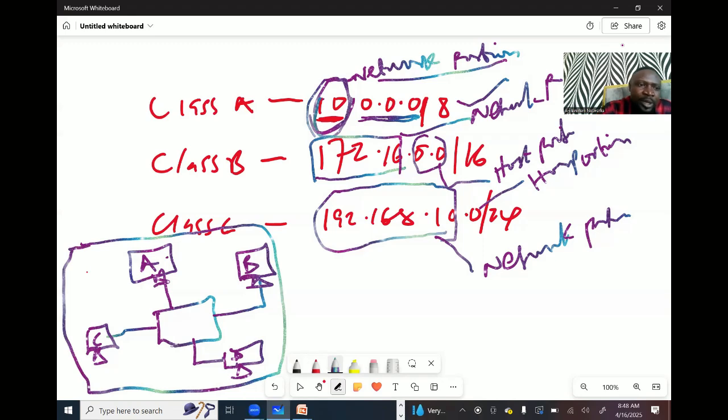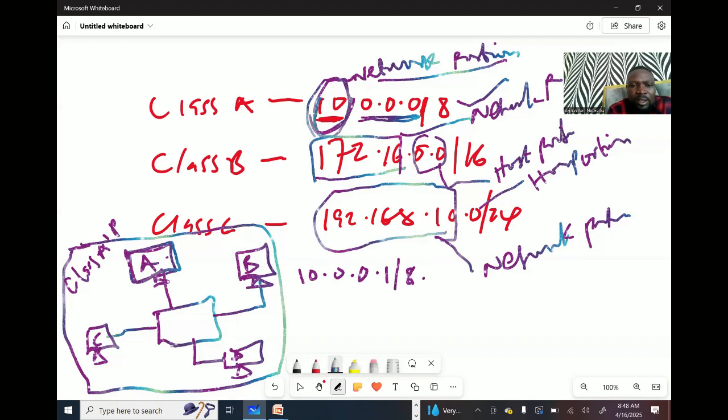If this network is using a class A IP address, let's say 10.0.0.0/8, that means the IP address for our first host, which is system A, will be 10.0.0.1/8.